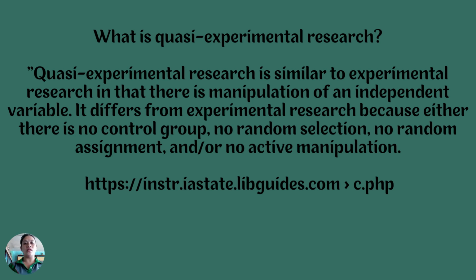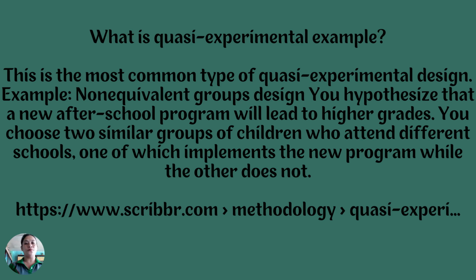What is quasi-experimental research? Quasi-experimental research is similar to experimental research in that there is manipulation of an independent variable. It differs from experimental research because either there is no control group, no random selection, no random assignment, and/or no active manipulation.